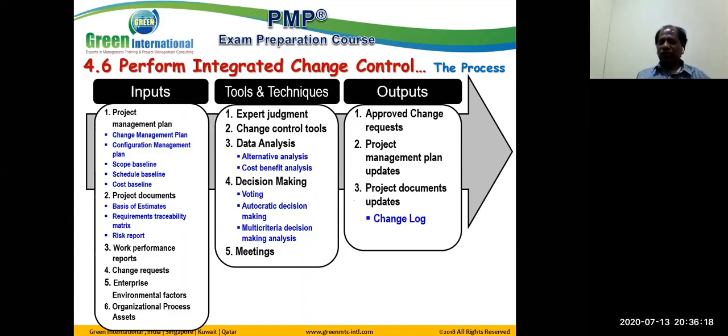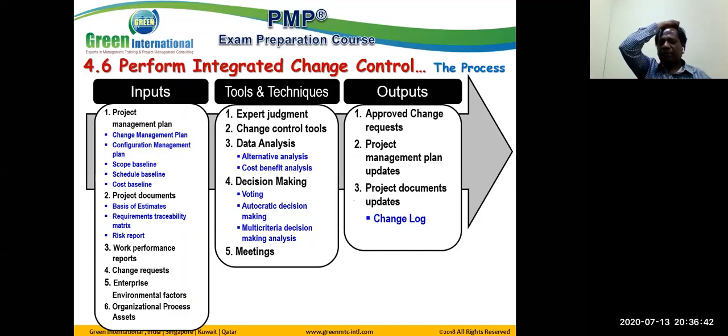Which process gives you this? All the execution processes may initiate a change request. All the monitoring and control processes may initiate a change request. Or it may be from the stakeholders. Correct. So all the change requests must be brought to this process only. That's all. You know what to do now.